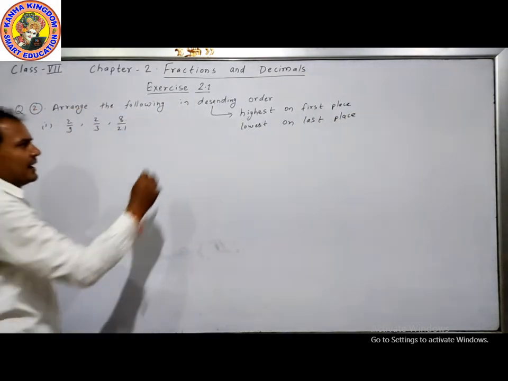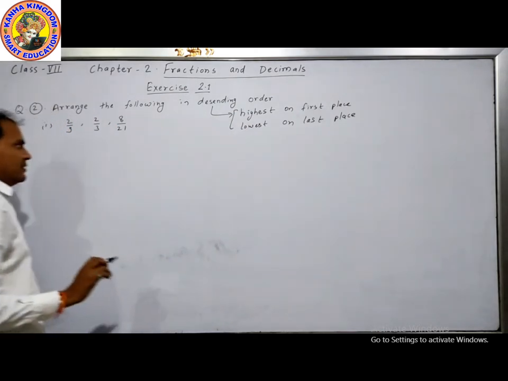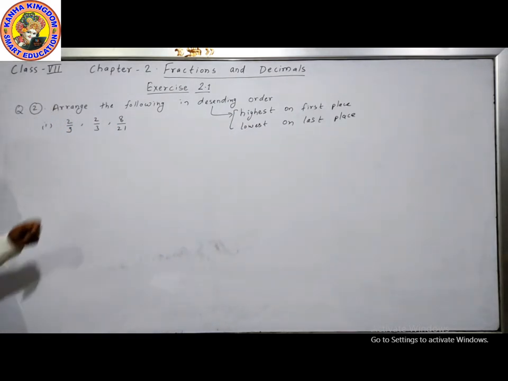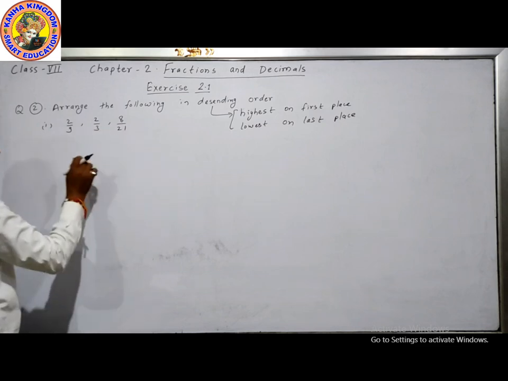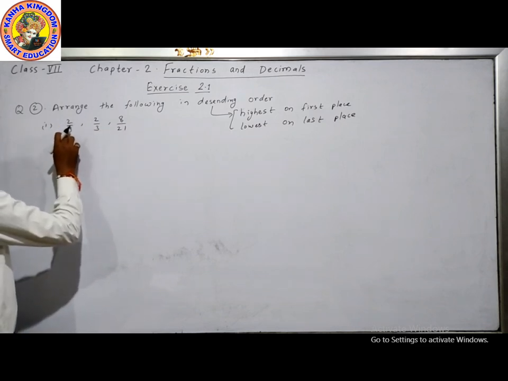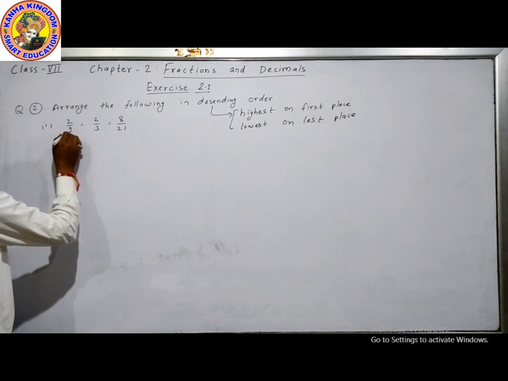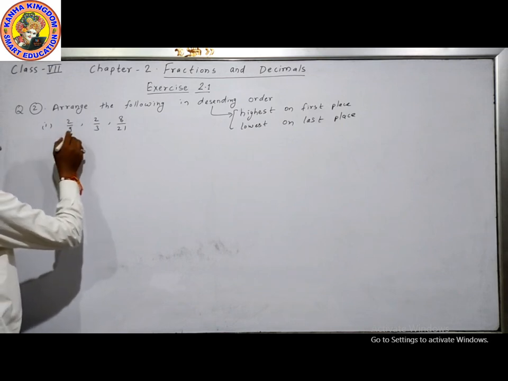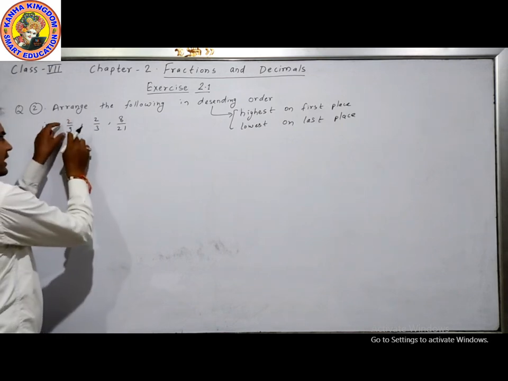In comparison, we will make the denominators equal. To equalize the denominators, 2 by 9 will be multiplied by 3 and 21.